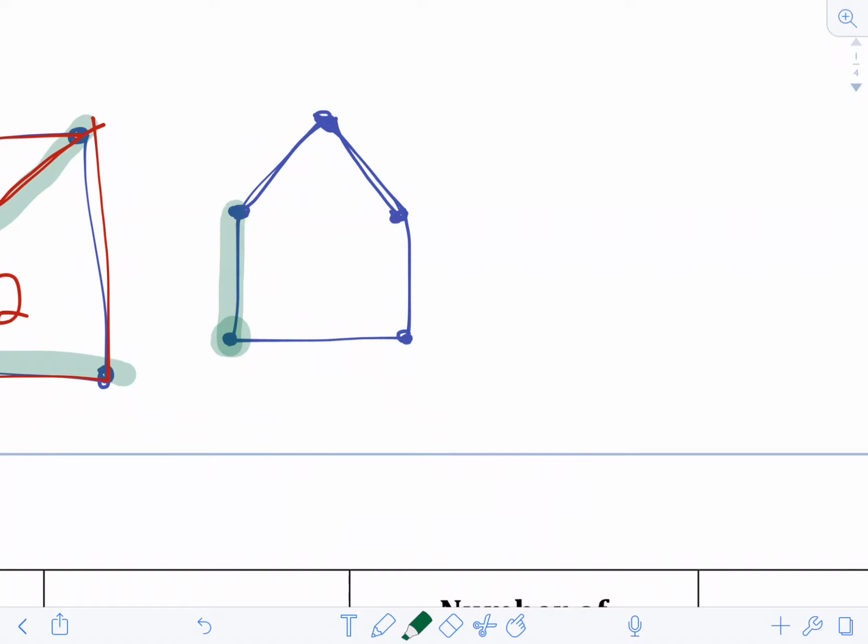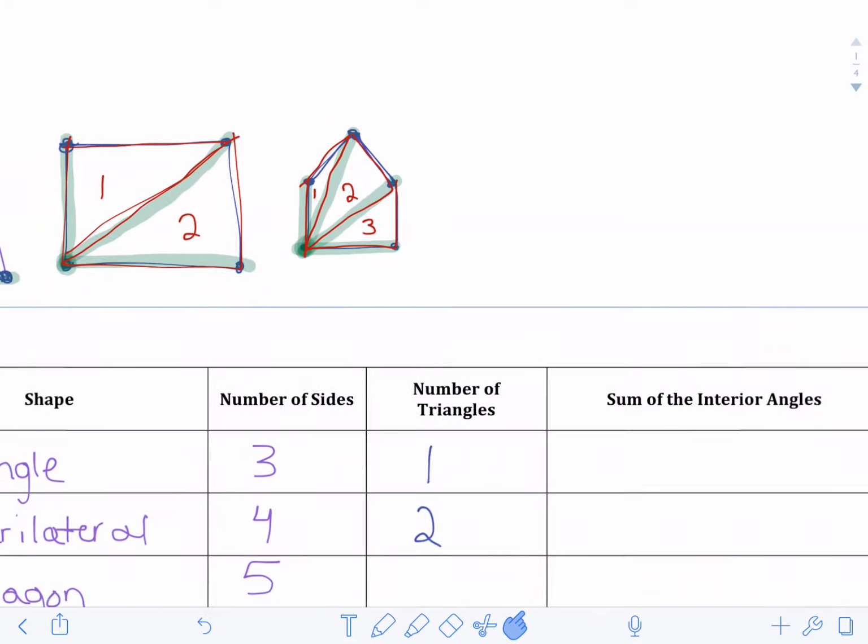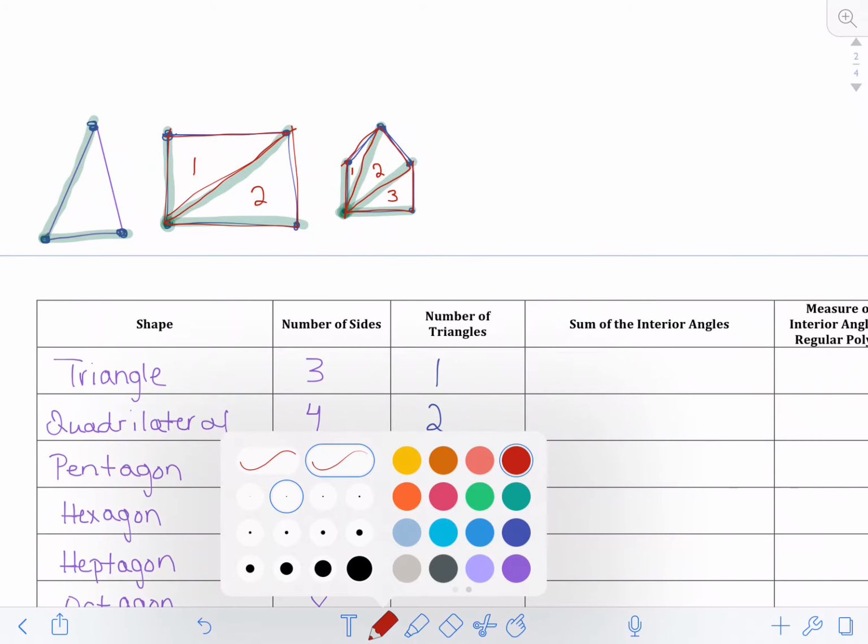So there's 1, 2, 3, 4. Then you figure out how many triangles we created. Here is 1, here's 2, and here is 3. So for this one, it's 3 triangles.